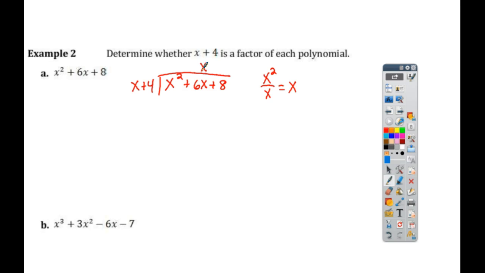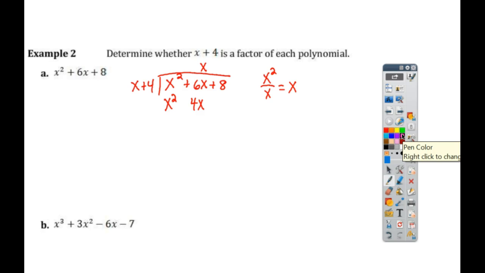So now what I'm going to do, I'm going to take x times x, and that gives me x squared. X times a positive 4 gives me 4x. But what I want to do now is I have to subtract, correct?